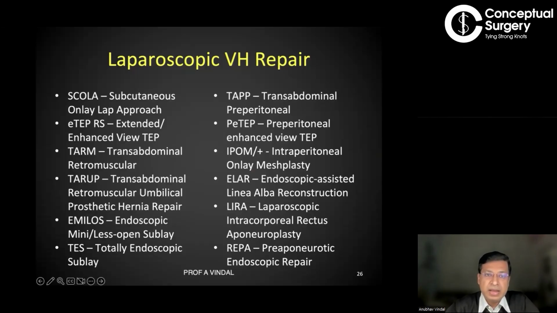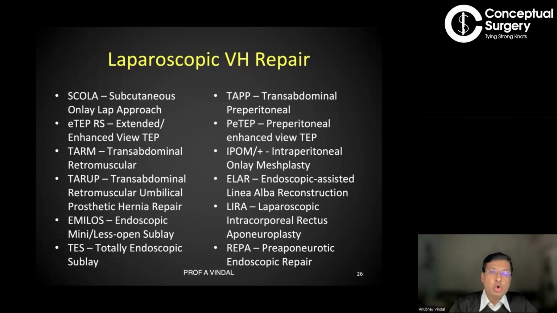It can be an enhanced view, totally extraperitoneal Rives-Stoppa repair, transabdominal retromuscular repair, transabdominal retromuscular umbilical hernia repair, endoscopic mini or less open sublay, totally endoscopic sublay, then transabdominal preperitoneal, preperitoneal enhanced view TEP repair, intraperitoneal onlay with or without defect closure, then endoscopic assisted linea alba reconstruction, laparoscopic intracorporeal rectus aponeuroplasty, and pre-aponeurotic endoscopic repair.